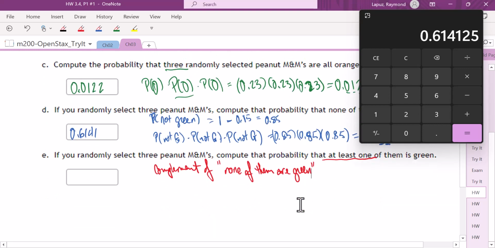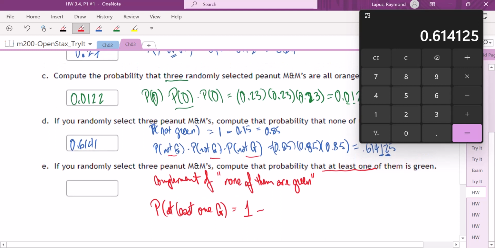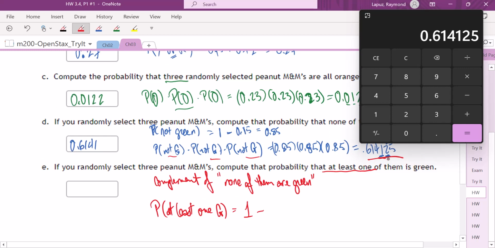So the probability of at least one green is just going to be equal to 1 minus not green, not green, not green, all of them together.